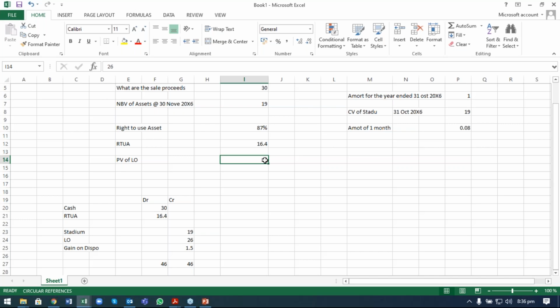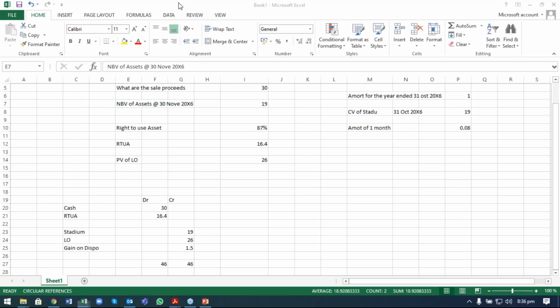You are using the whole stadium, but you have retained the right to use this asset for a lower time period and sold the rest of the time period to another party. Economically you have not sold out the whole stadium, you have just sold out a portion of the stadium.